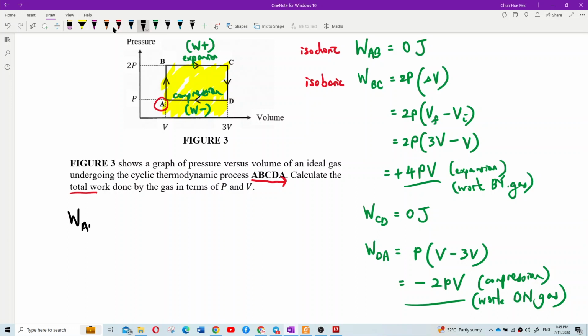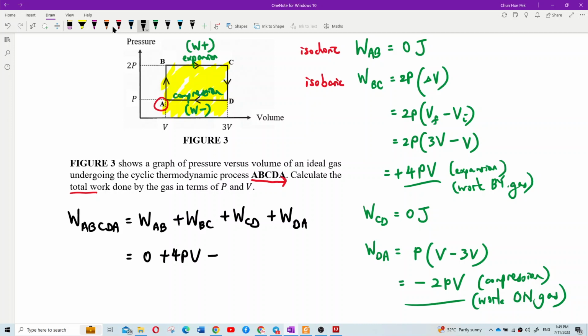Work done A, B, C, D, A. That means work done A, B campur dengan work done B, C campur dengan work done C, D campur dengan work done D, A. So we get 0, positive 4PV, 0, negative 2PV. So in the end, positive 2PV.